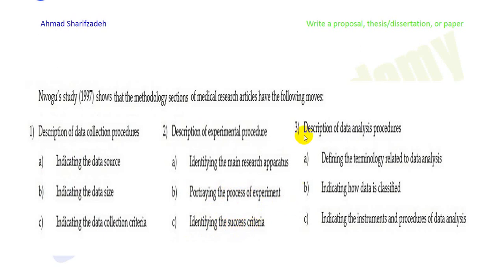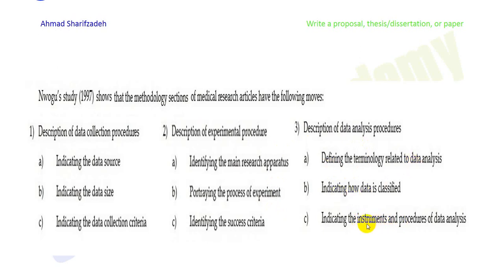And in this third section or subsection, you have to tell the terminology related to data analysis, indicating how data is classified and indicating the instruments and procedures of data analysis. In this subsection, you have to tell the readers how you analyze data, which actually instruments have been used.